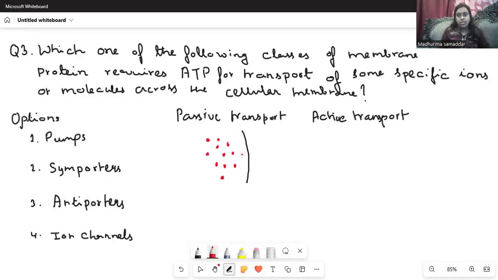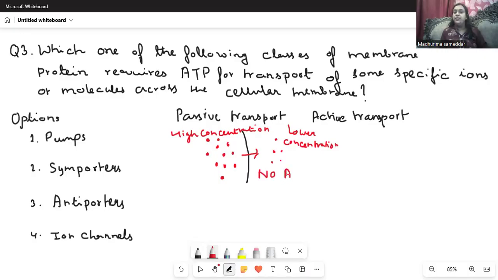So it is getting transported here, which is lower concentration. So in this condition, when the transport across the cell membrane occurs from higher concentration to lower concentration, no ATP is required.